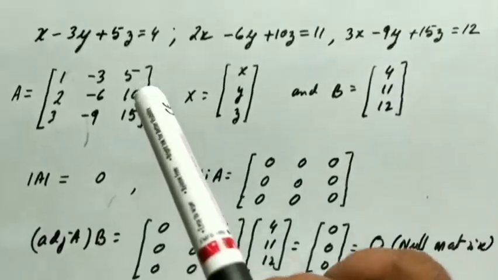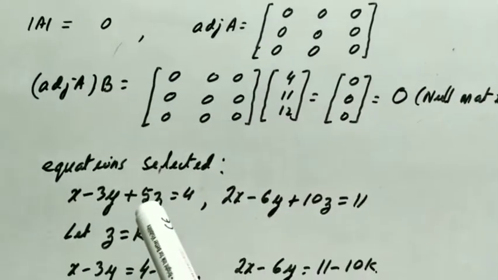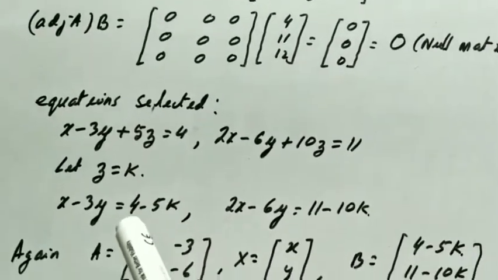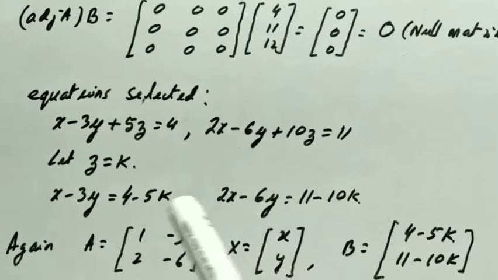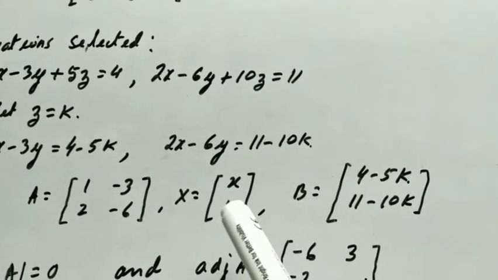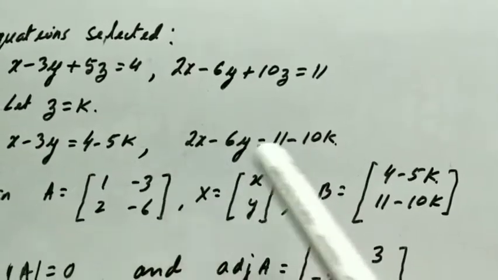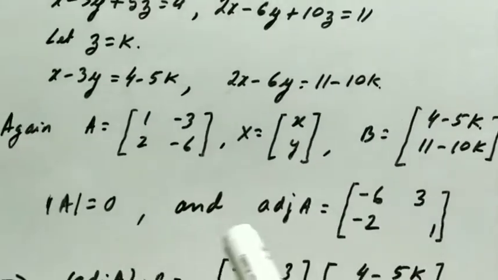Now amongst the three equations I have to select any two, and let Z be equal to K. I get two equations in two variables now. The coefficient matrix, the variable matrix, and the constant matrix in terms of K: 4 minus 5K and 11 minus 10K.